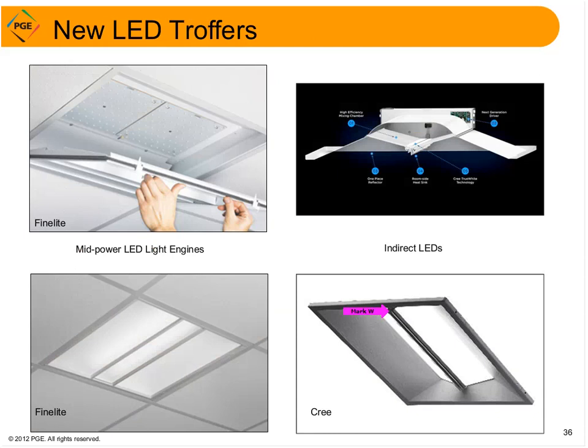These fixtures usually come in 1x4s and 2x4s, with the 2x2 version seeming to be the most popular. Most of these troffer fixtures are less than $180, and since I put this presentation together, that price has come down quite a bit. Many of these are competing with the cost of fluorescent fixtures.